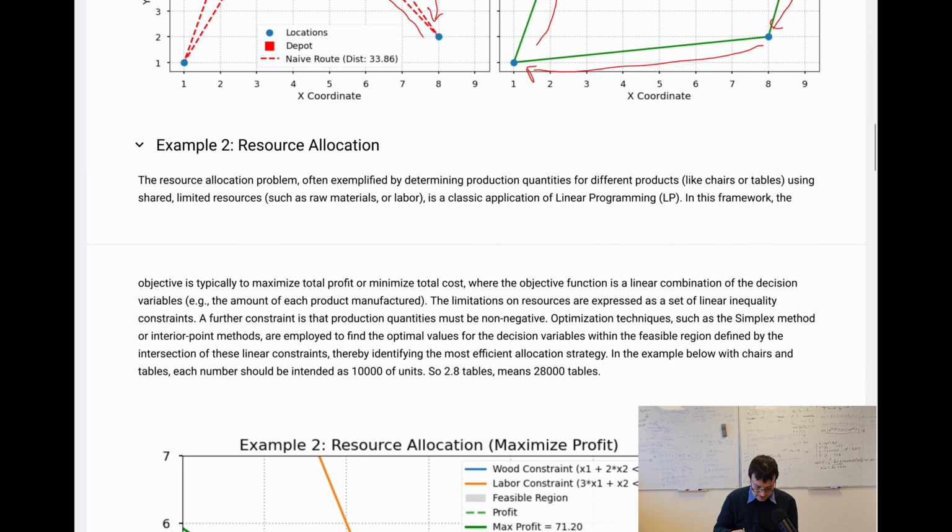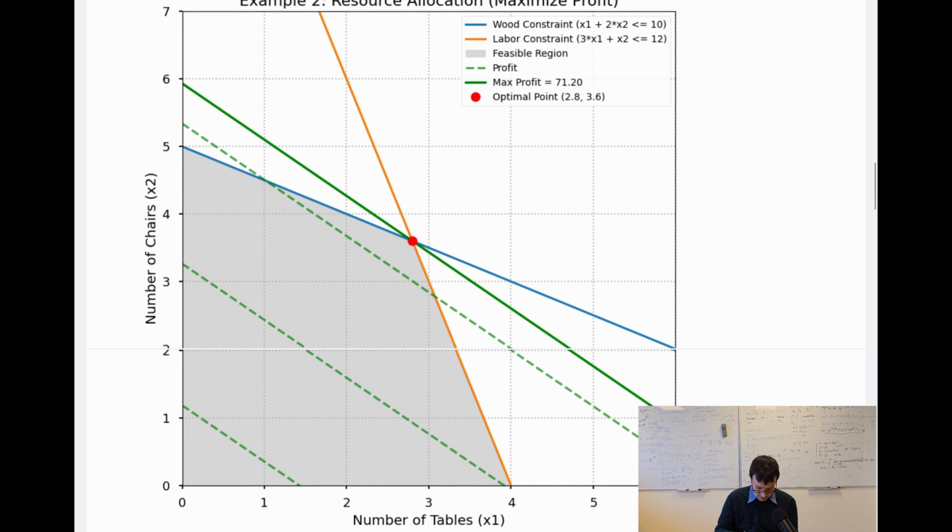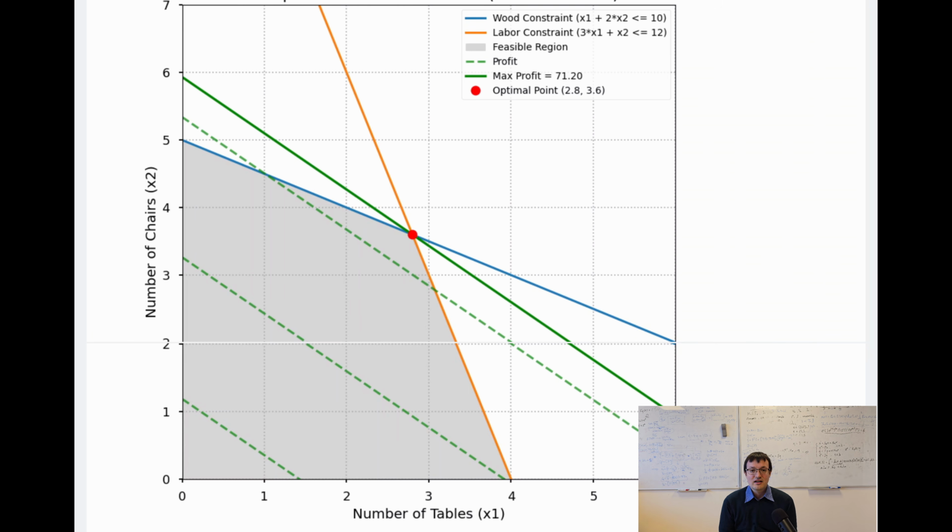The second example that I want to mention is the resource allocation problem, which is again a very classical problem which basically every company tries to solve, maybe even without realizing it. And in this specific example, our objective is to maximize the profit. Now, our company produces chairs and tables.